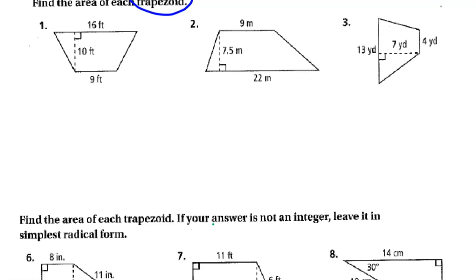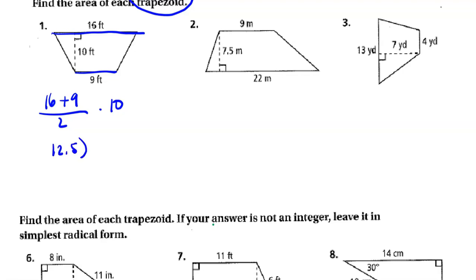All right, so looking at number 1, I have the top base, I have the bottom base, I add those together, divide it by 2, and then I multiply that by the height, which is 10. So 16 plus 9 is 25 divided by 2, that's 12.5 times 10.